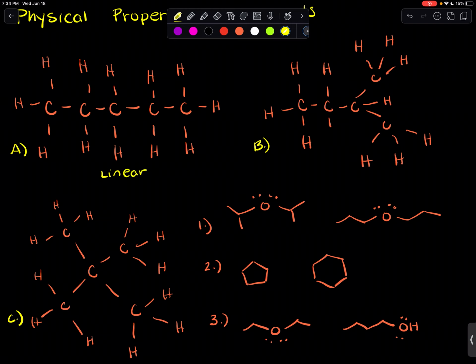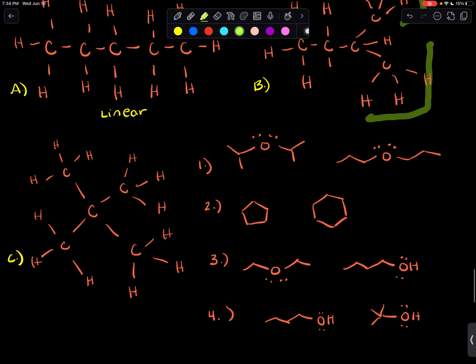This one starts to branch off a little bit in this area, branching off here and there. For C, it's completely branched. We have the first carbon in the center, branching to other carbons. So this is a branched structure.